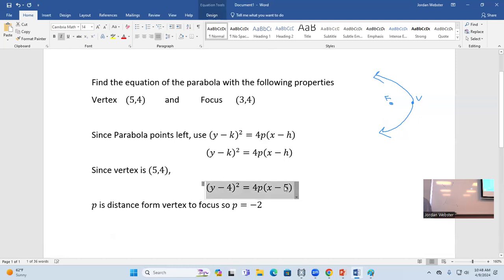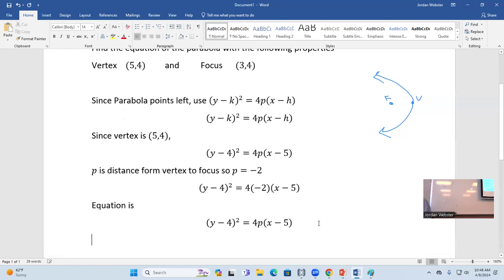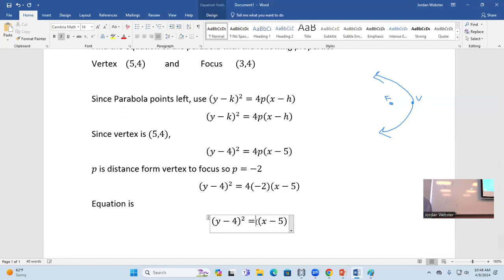And what's that mean? That means that our equation, in order to find it, we just have to substitute in a p of negative 2. And it's that: (y minus 4) squared is equal to negative 8 times (x minus 5).